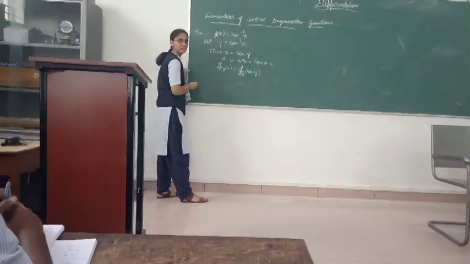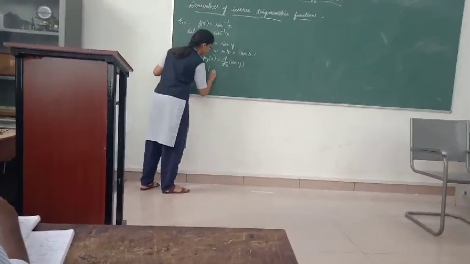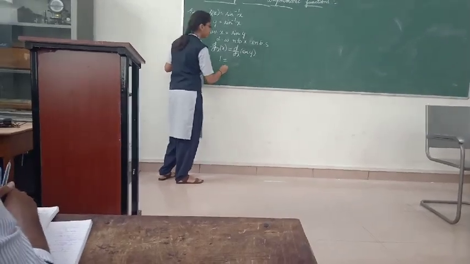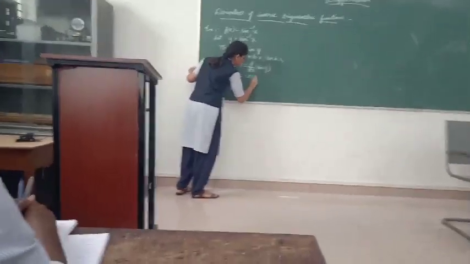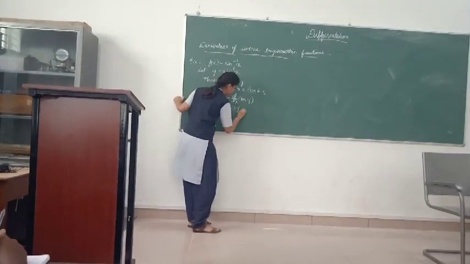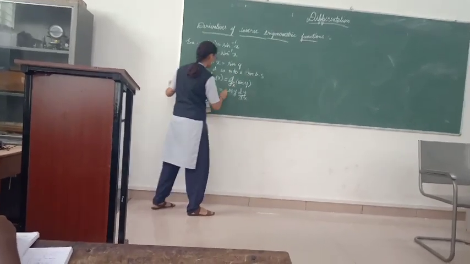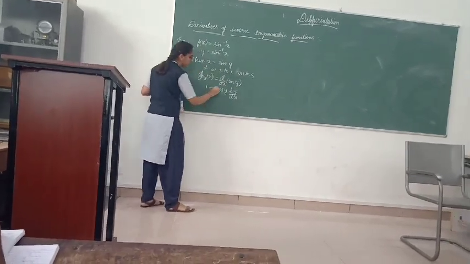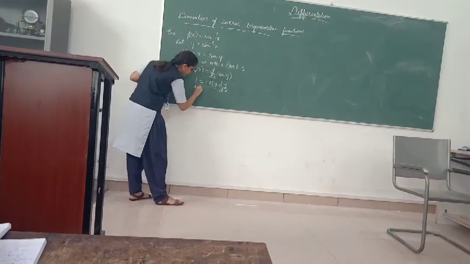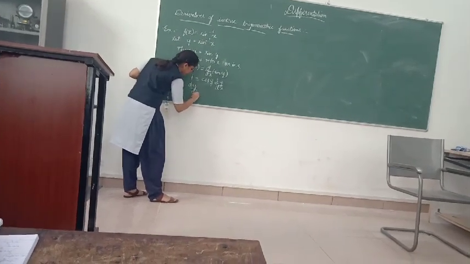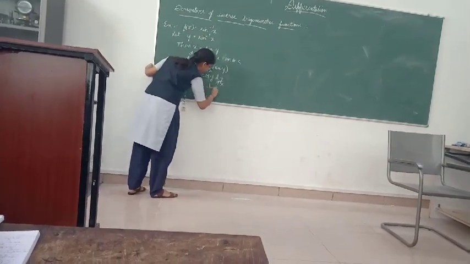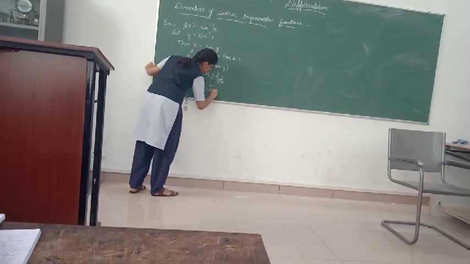Differentiation of x is 1. Differentiation of sin y is cos y, and y differentiation is dy by dx. So 1 is equal to cos y times dy by dx, therefore dy by dx is equal to 1 by cos y.